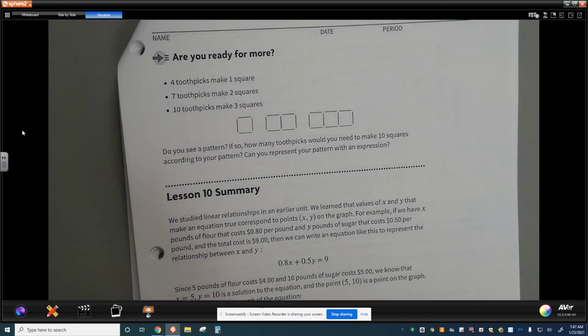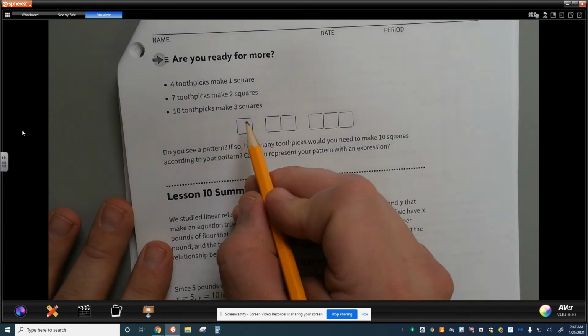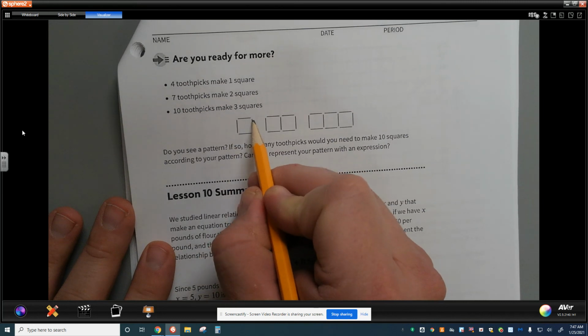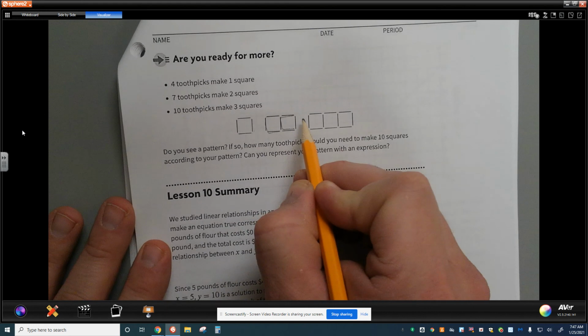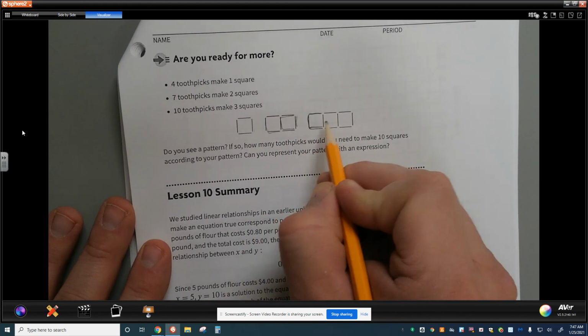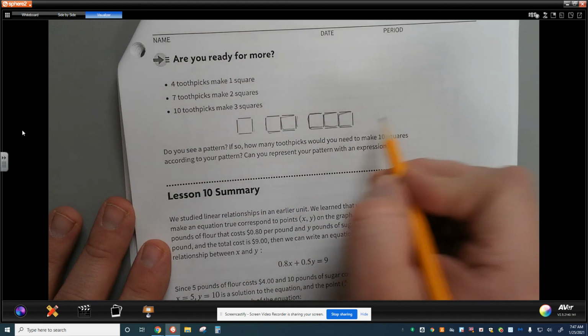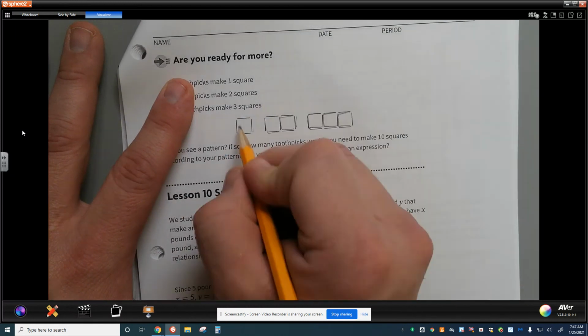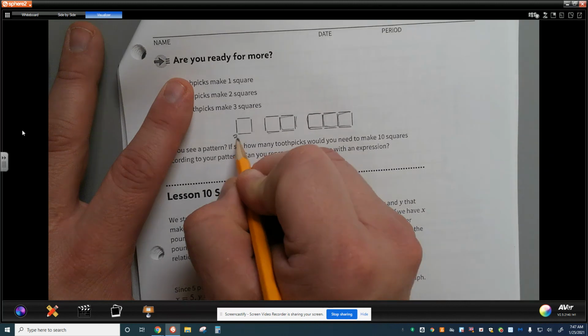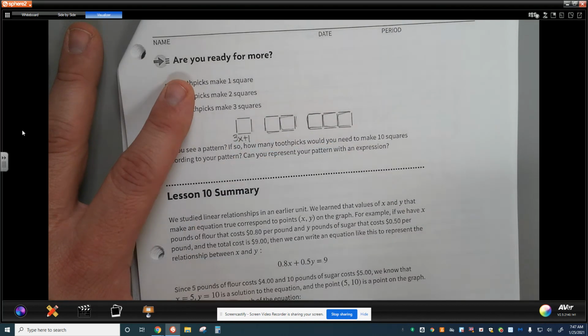What if you looked at it as 3 toothpicks plus 1, 3 toothpicks, 3 toothpicks plus 1, 3 toothpicks, 3 toothpicks, 3 toothpicks plus 1. So in figure 1, we have 3 toothpicks plus 1.